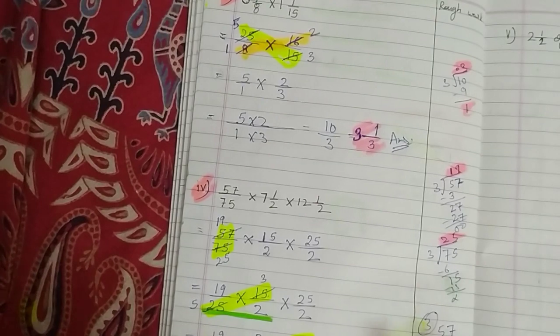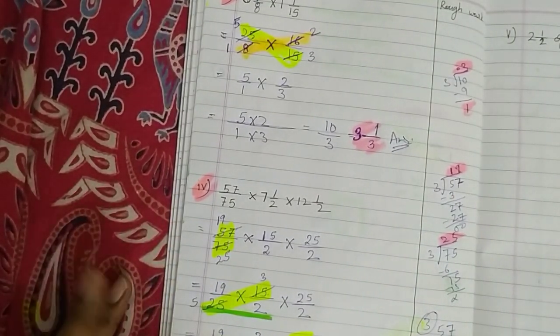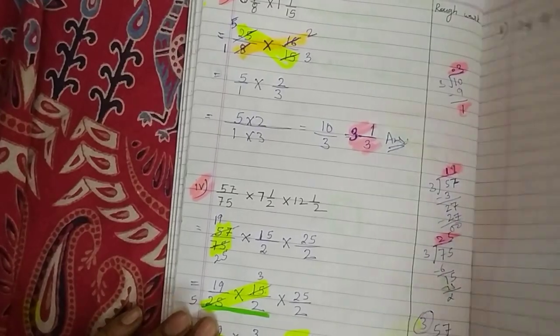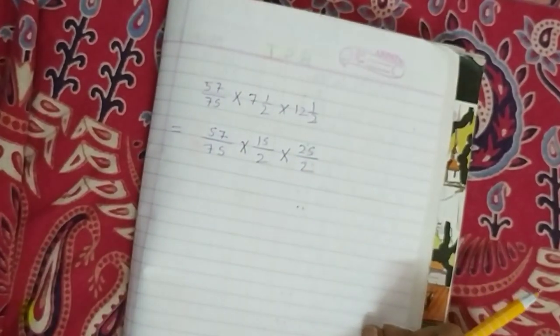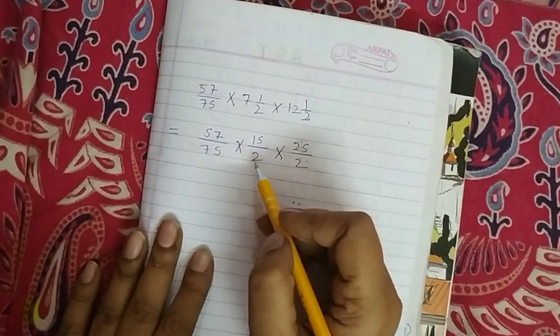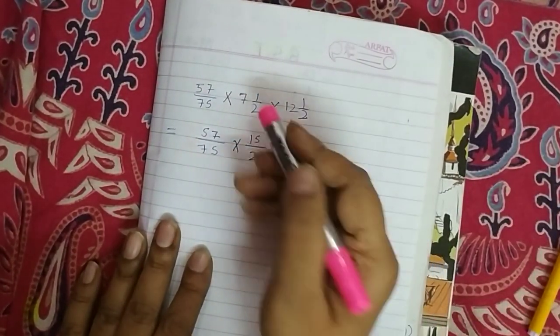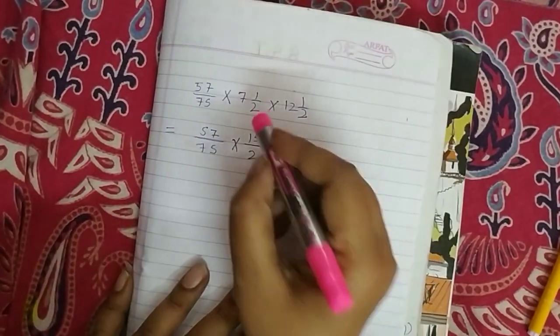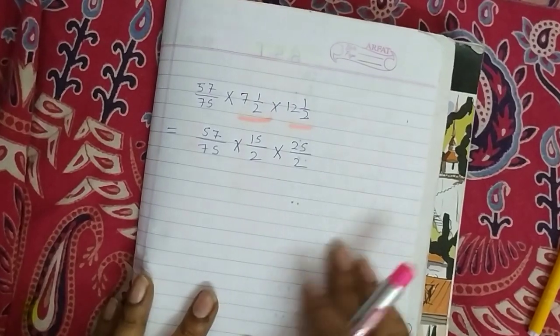Now children, this same sum we can do in another way also. Till now it is clear to you. We have changed these mixed fractions into improper fractions.